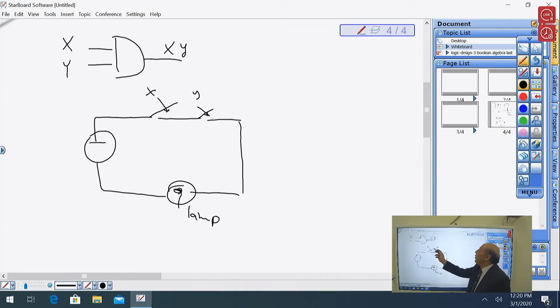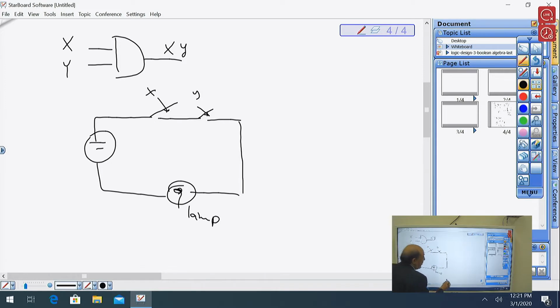If any of them or both are off, then the lamp will not light. This is not the electronic implementation of the AND gate. The electronic implementation using transistors and other electronic components is the subject of a digital electronics course. This is an illustration of how the AND gate works.